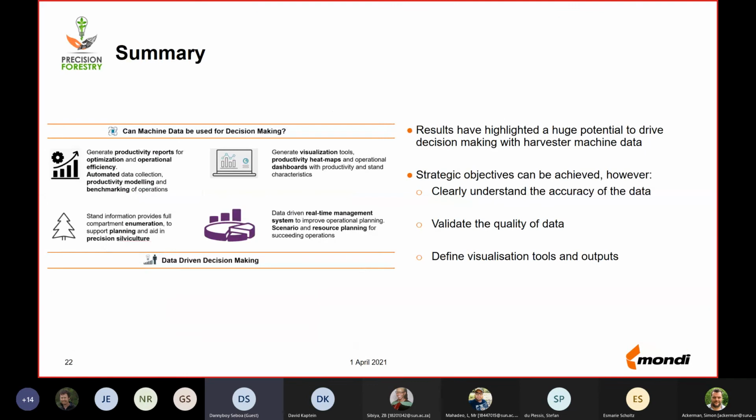So in summary, although it's early days for us with this machine data project, our results have highlighted a huge potential to drive decision making with harvesting machine data.